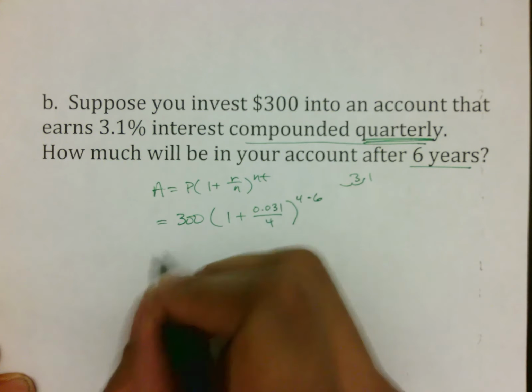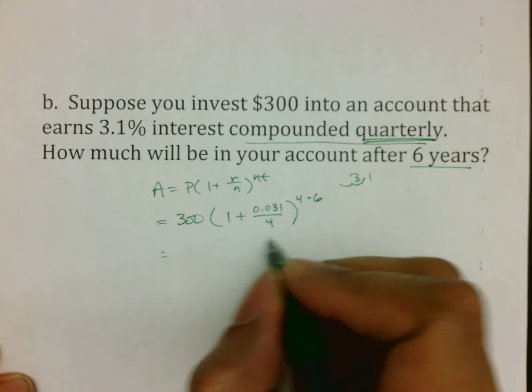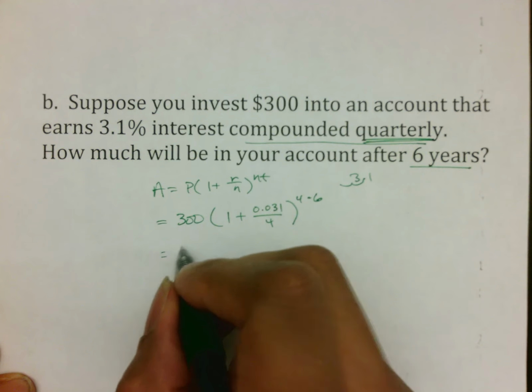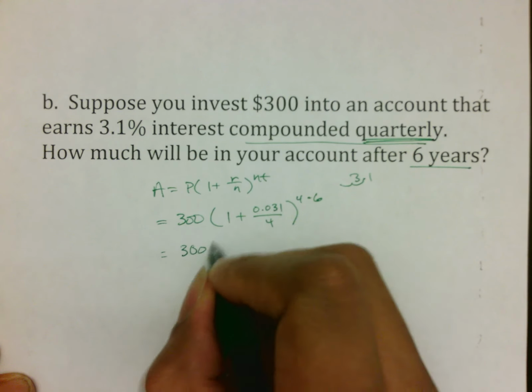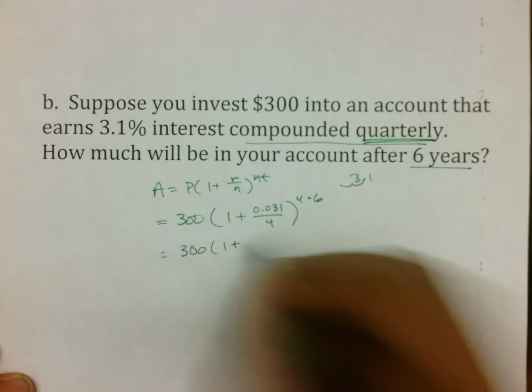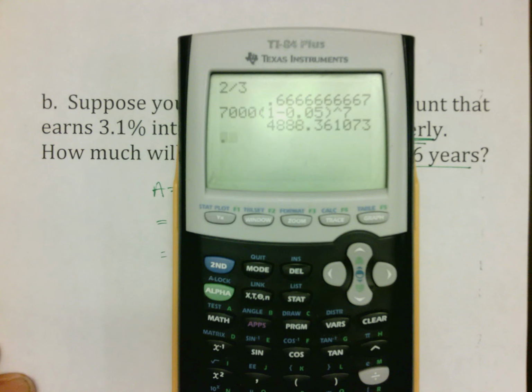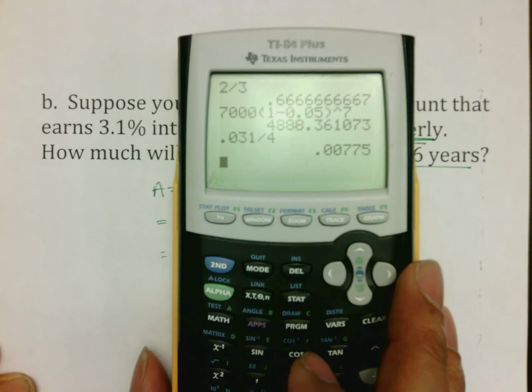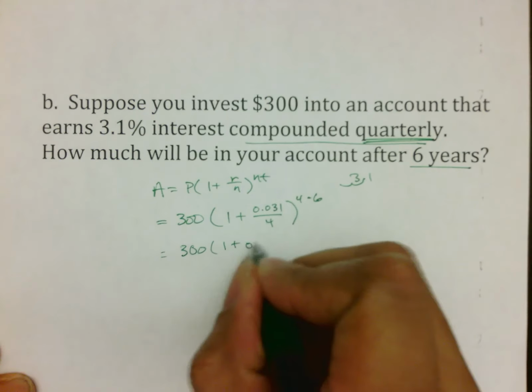What I am going to do is go ahead and change that number. So 300 times 1 plus, and I'm going to put 0.031 divided by 4, which is 0.00775.